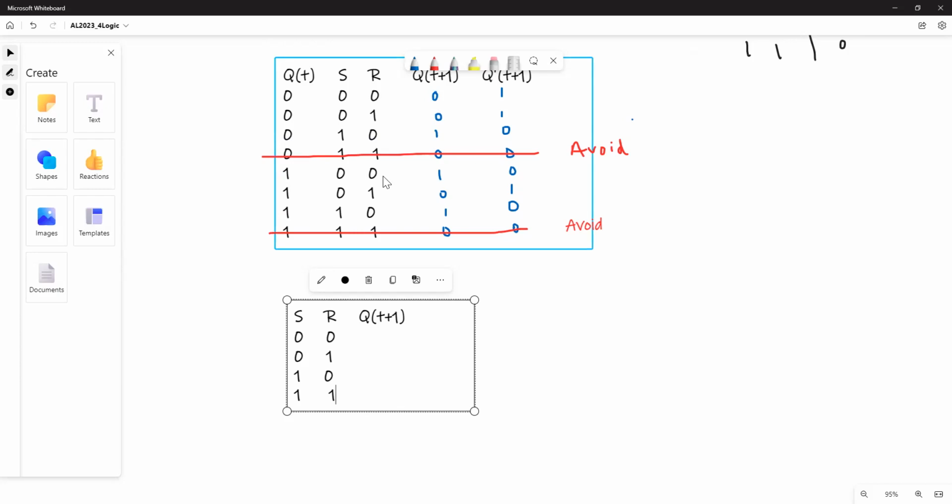When we have 0, 0, Q is 1. Any ideas? So look at this. When you have 0, 0, the previous state is 0. When you have 0, 0, previous state 1. So can I say that when you have 0, 0, it will give me the previous state? Can I put like this?